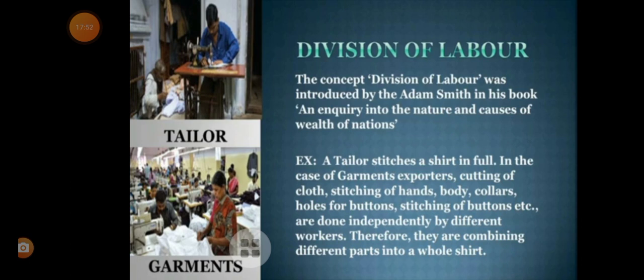Look at ready-made garment companies. What they do is, one tailor will not completely make a whole shirt.